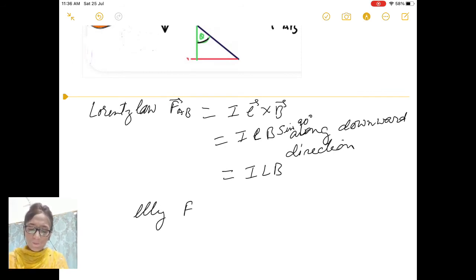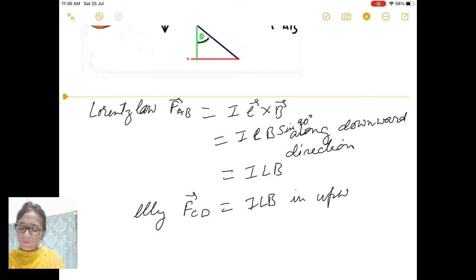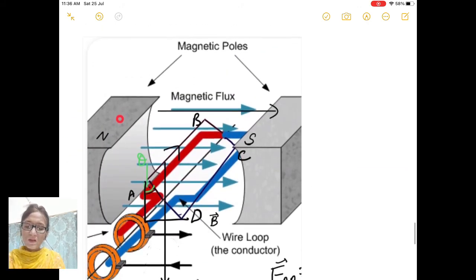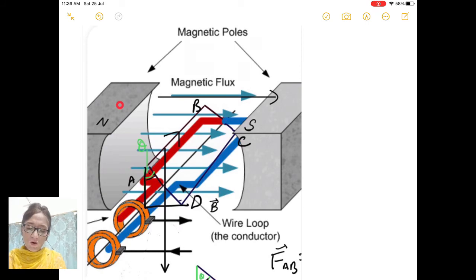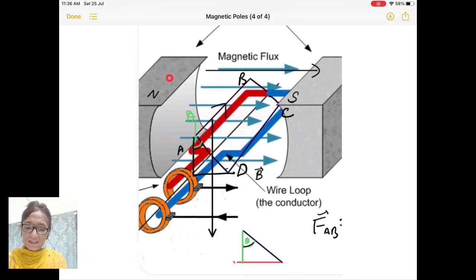Similarly, force on CD is the same ILB but along the upward direction. Now what is the force on the BC arm and the AD arm? Here you can see that the length vector is along this direction and the B vector is along this direction.